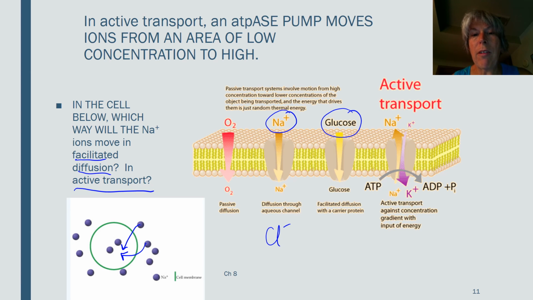That's what active transport is. In our cell over here, if we want to make this active transport, I'm going to try to do that in red, the molecules or the ions would be moving out because this is the area of low concentration and this is the area of high concentration.